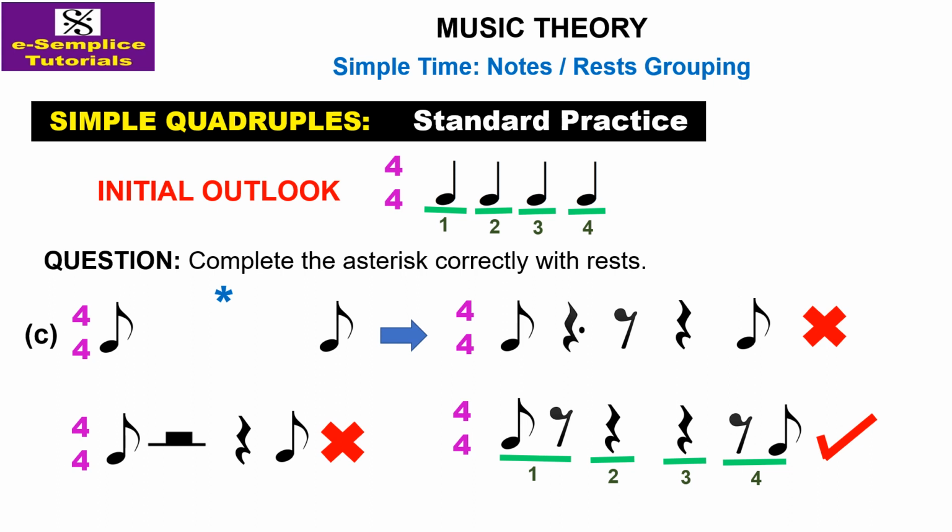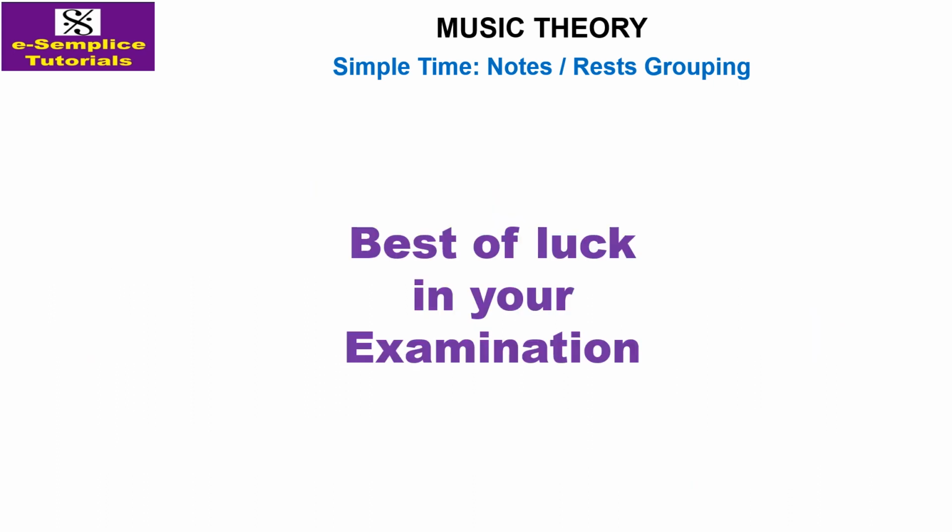If you follow these two rules and always sketching the initial outlook of the time signature you are working with, you can never make a mistake. The middle of the bar is not blocked. Take note. Best of luck in your examination.